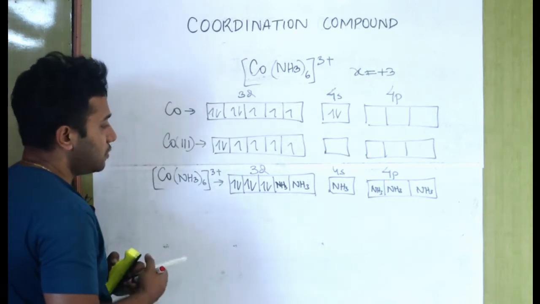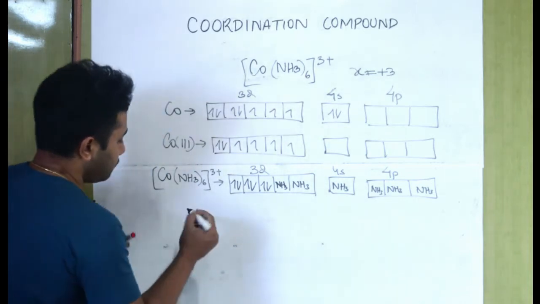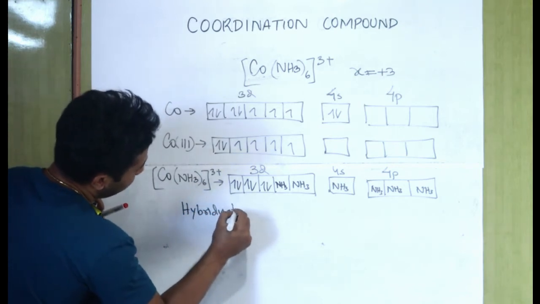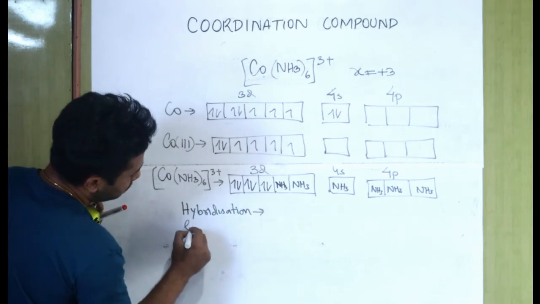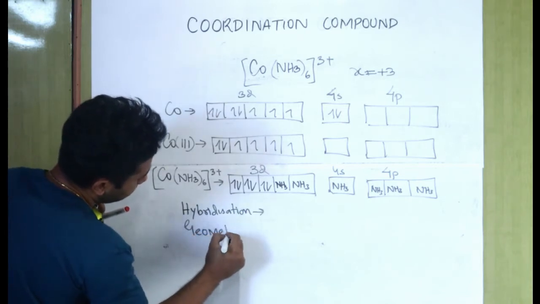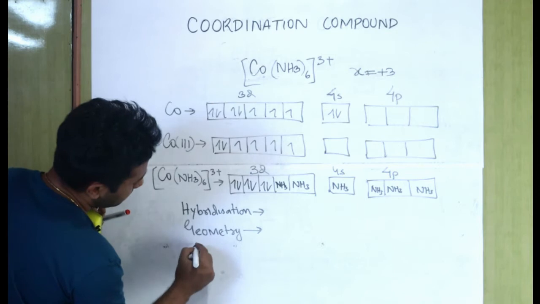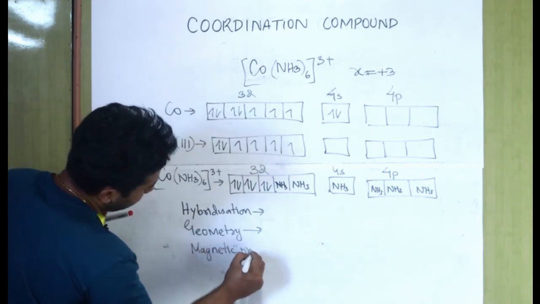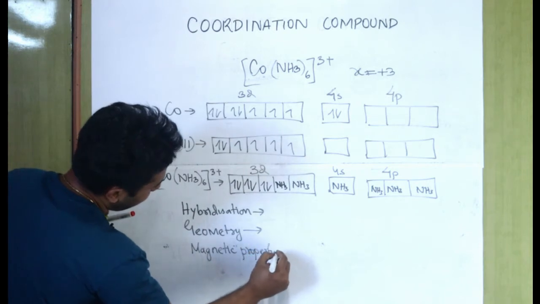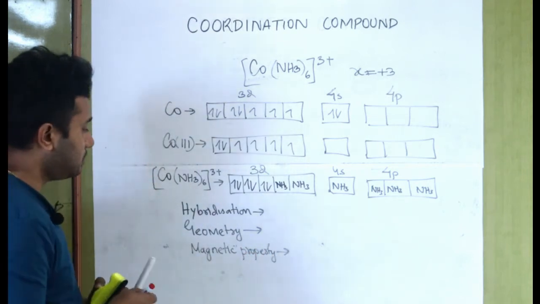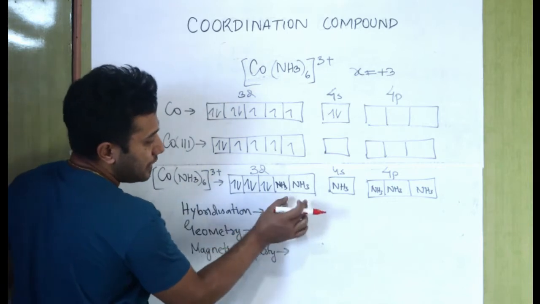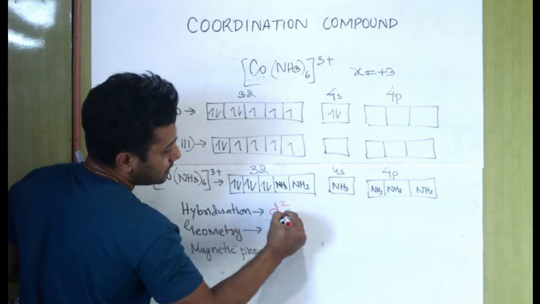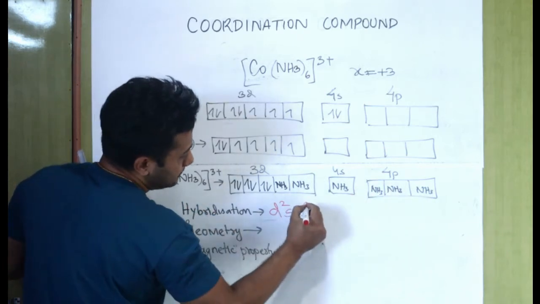So now, if you look at the hybridization, geometry, and the magnetic property. For the hybridization, in d we have 2 NH3, so I'll write d2s, in p we have 3, d2sp3.